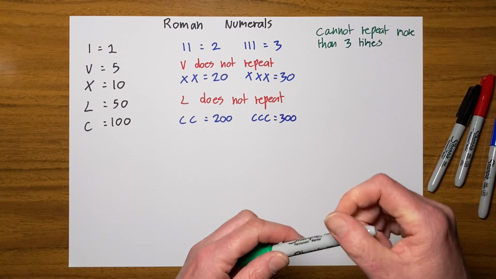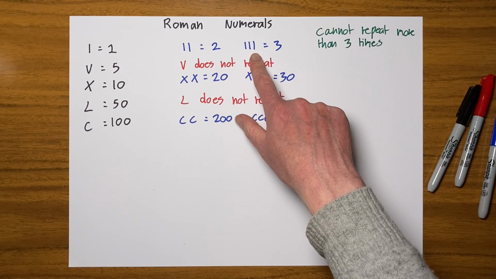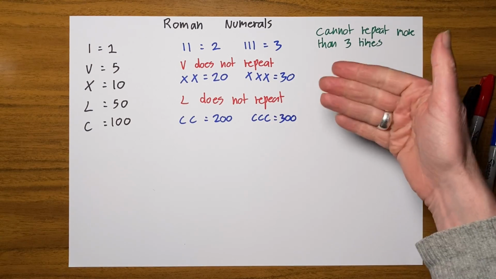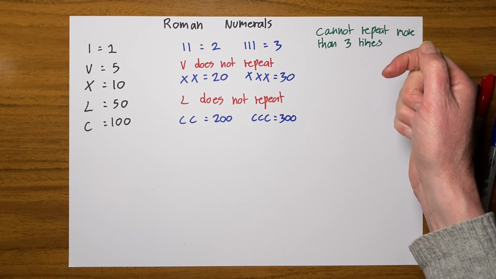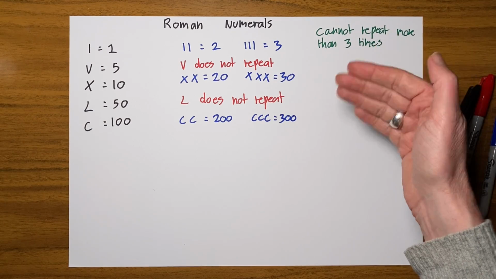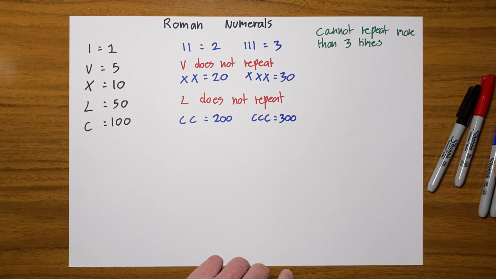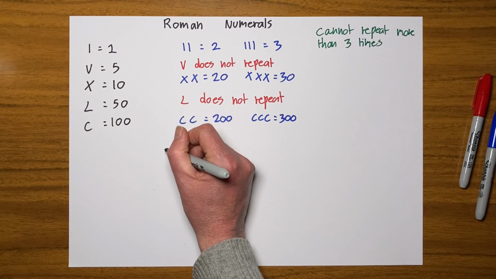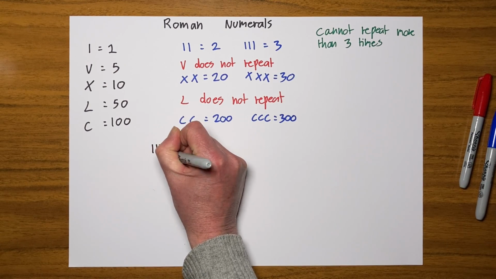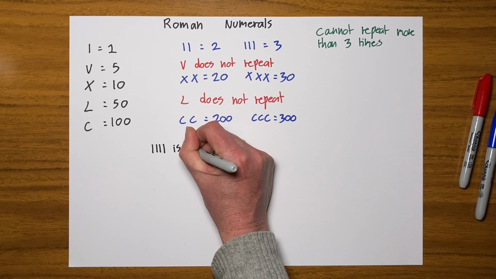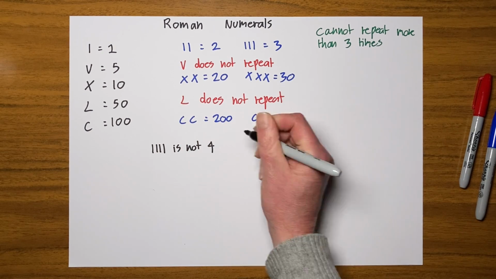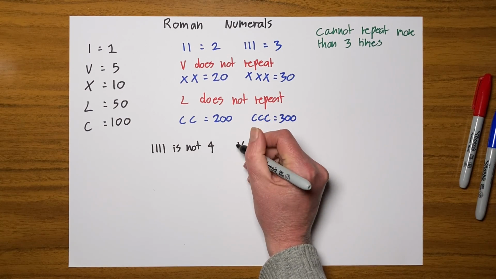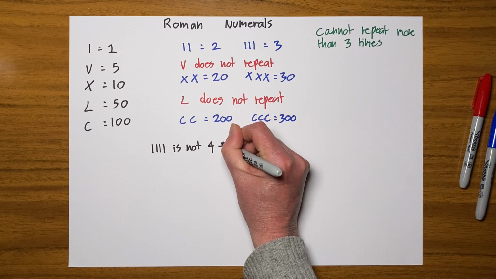So what happens then, if I want to do 4, for example, is I have to put a 1 before a 5. So that would be 1 less than 5, which would give me 4. Let me explain. So I'm going to come down here. I'll use my black pen. I, I, I, I is not 4. What I need to do for 4 is I do 5 and I put I in front of it.